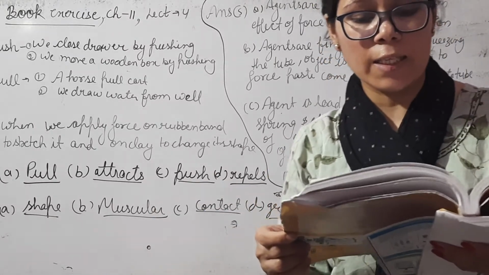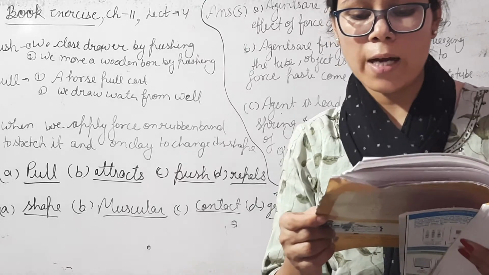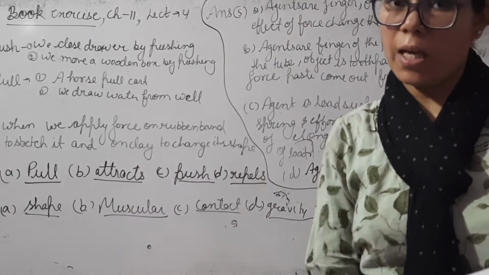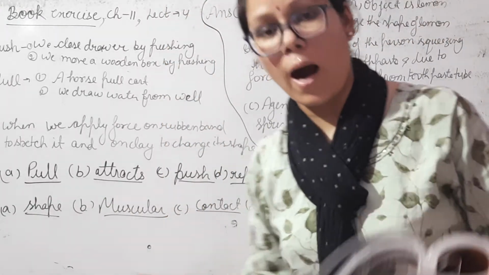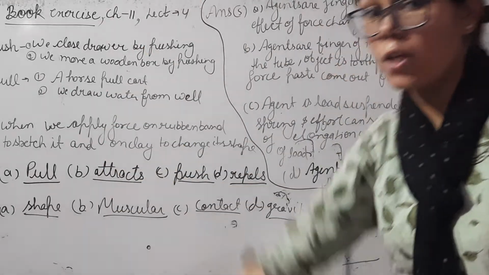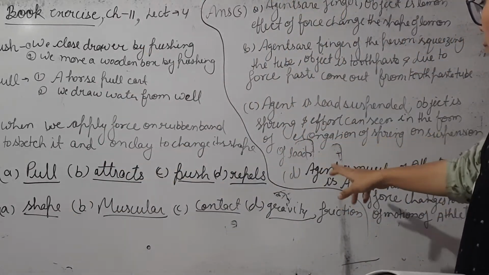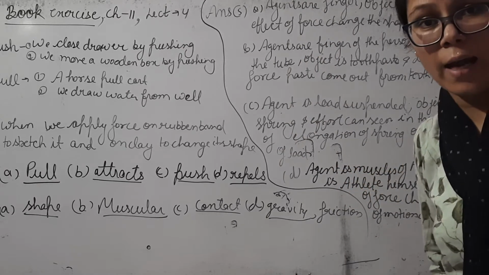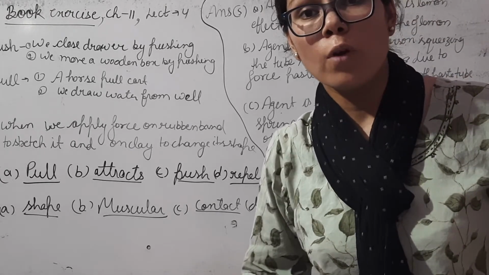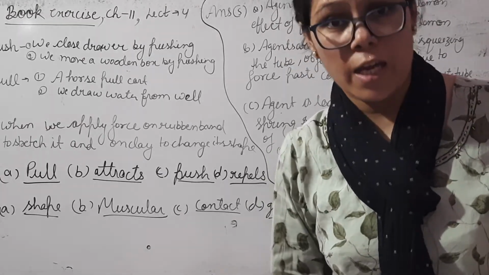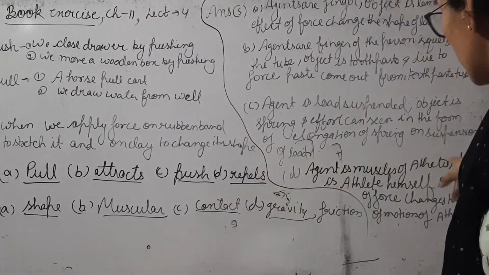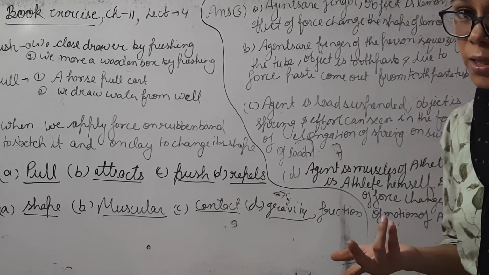Now fourth, an athlete making a high jump to clear the bar at a certain height. The athlete has to jump over a bar of a particular height. In this, the agent is the muscles of the athlete, because in this work the muscles of the legs are the agent, and the object is the athlete himself.